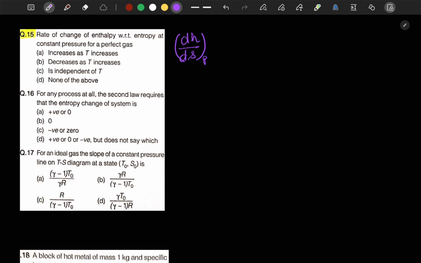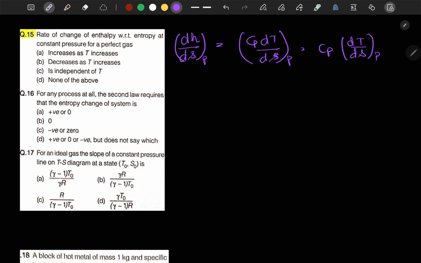Okay, we have been asked if this value increases as T increases, decreases as T increases, is independent of T, or none of the above. Okay, so what we can do here is that we can write dH as Cp dT by dS. Since pressure is constant, we can take Cp out, Cp times of dT by dS at constant pressure.